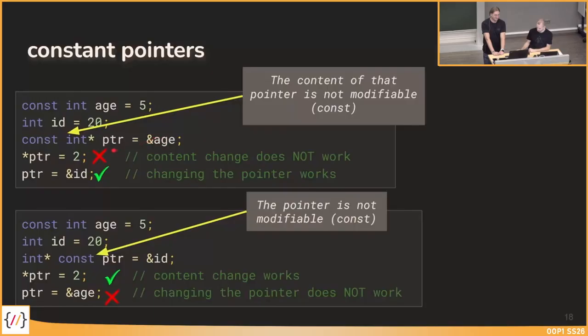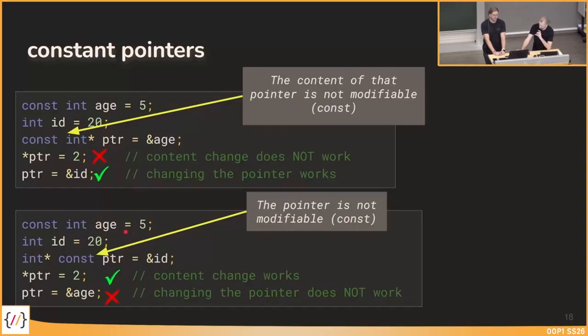So here means the content of the pointer cannot be modified. So this won't work. Dereferencing and overwriting the value will not work, but it will work to reassign the pointer. So not changing the values, but changing the pointer works.